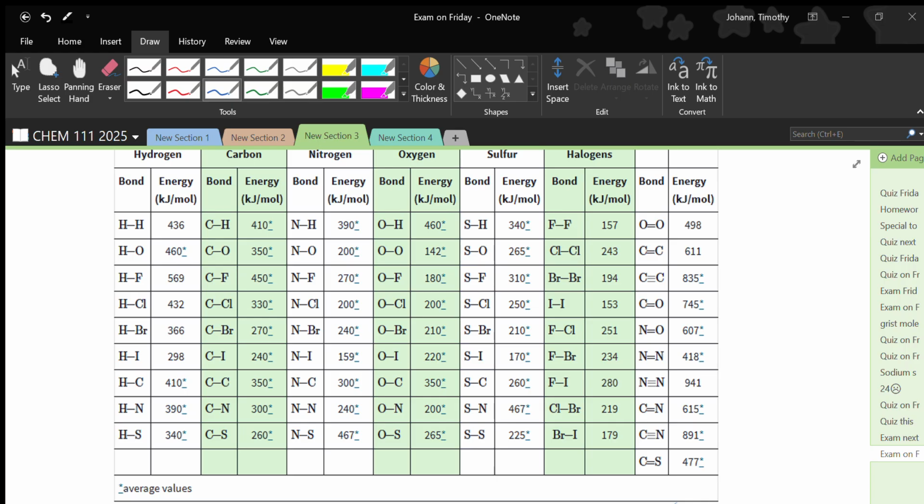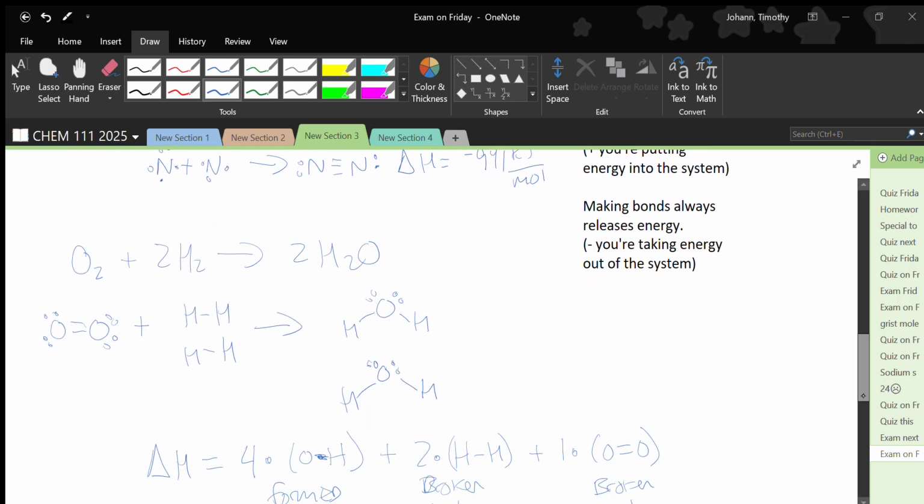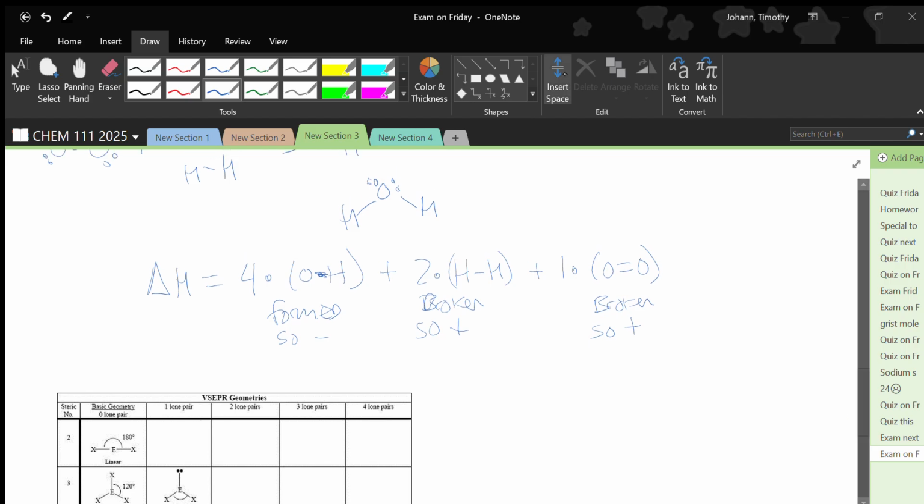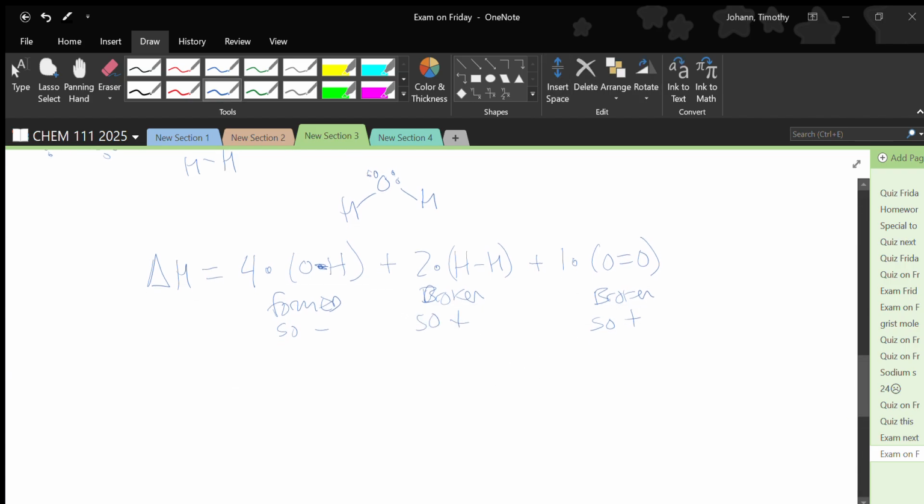And I'll hold the OO. I'm going to hold 498 in my head, okay? All right, so this is 498 kilojoules per mole times 1, and it's positive because they're broken.